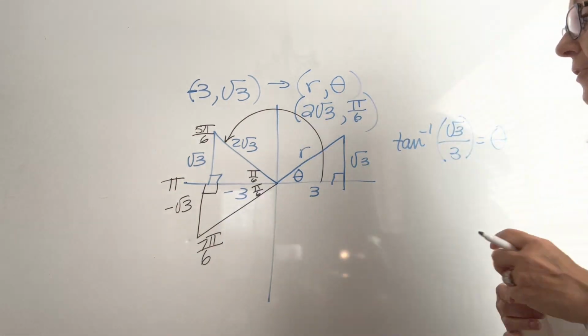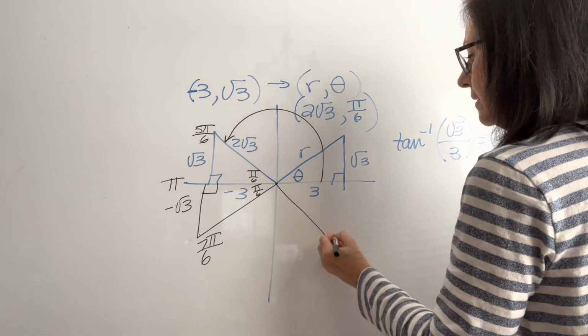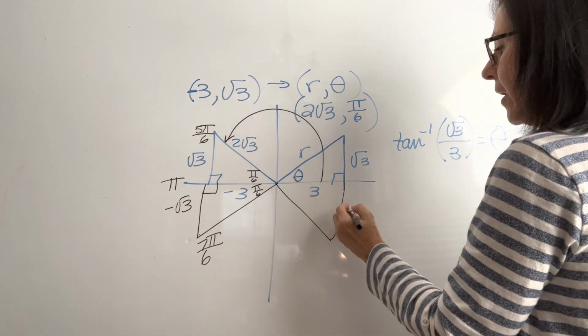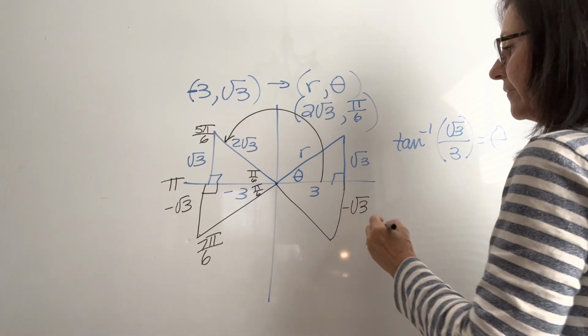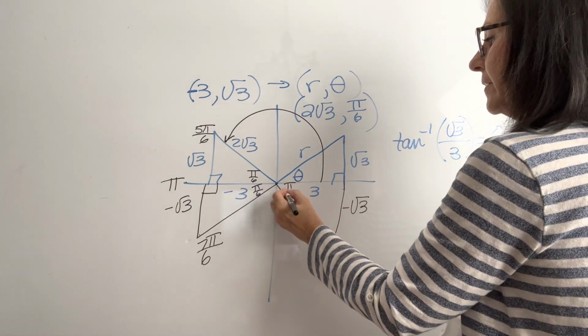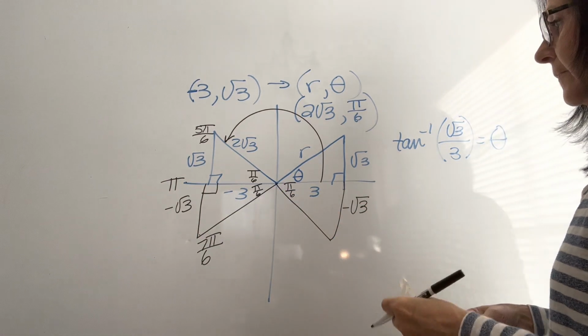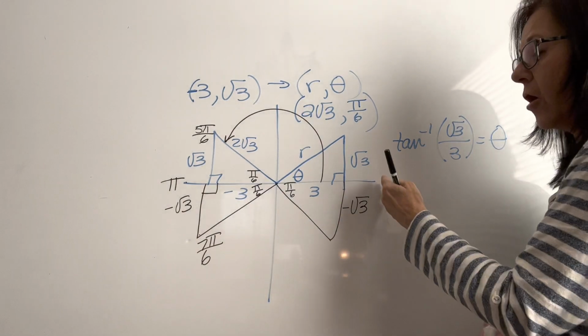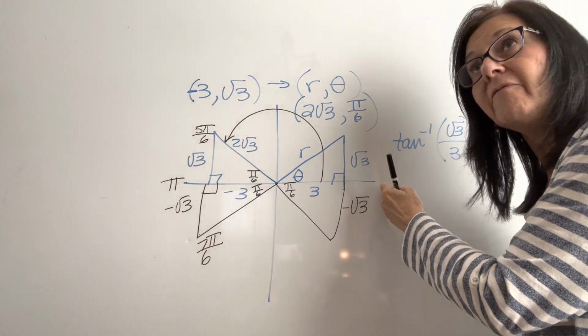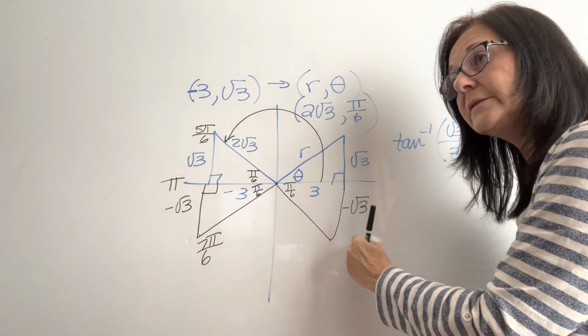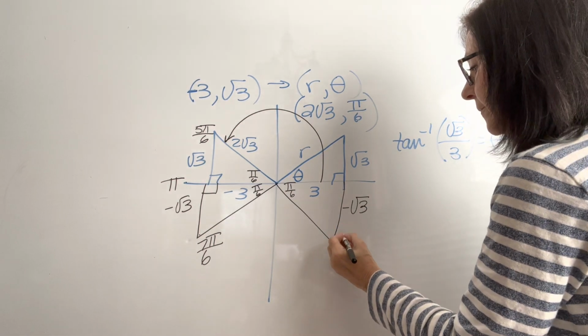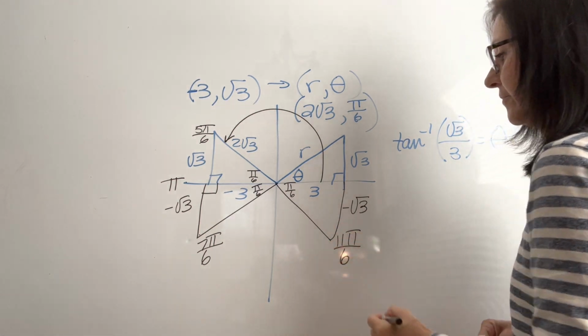So you have to think about your quadrants. That would have been positive 3, negative square root of 3. This would have been pi over 6. But we would have gone all the way around to 2 pi, which was 12 pi over 6, and taken 1/6 away. So we would have been at 11 pi over 6.